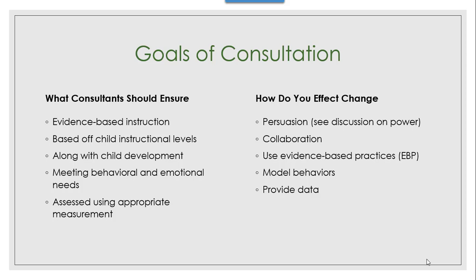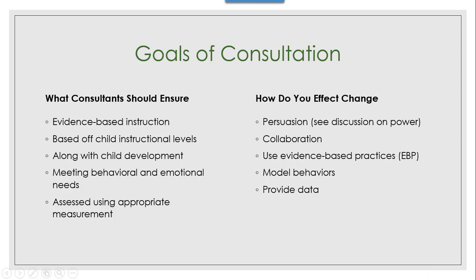Modeling behaviors for them could be either expert or referent. Providing data in general, I mean, that could go into a reward or a punishment sort of situation, but that's not the goal. The goal is just that by having the data, they can see, oh, this is working, I should keep doing it, or this isn't working, I really should change.